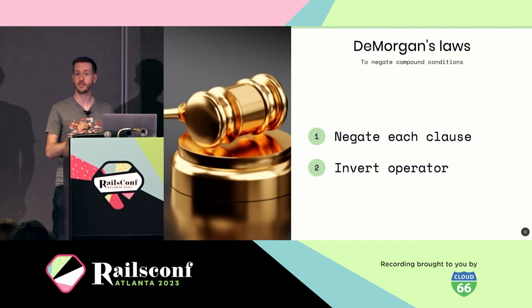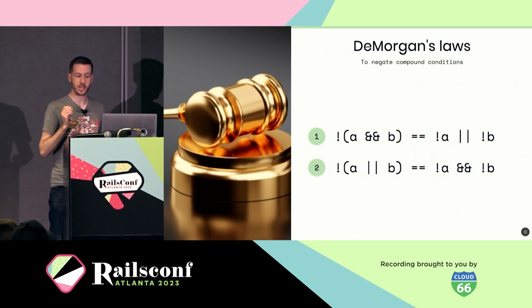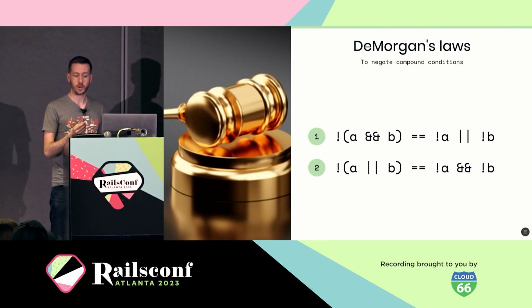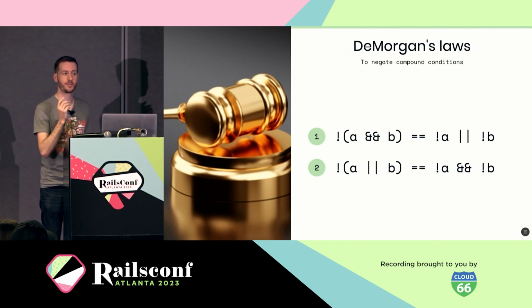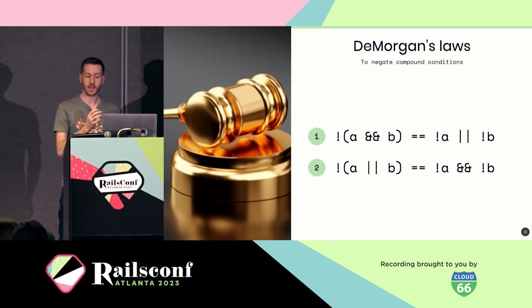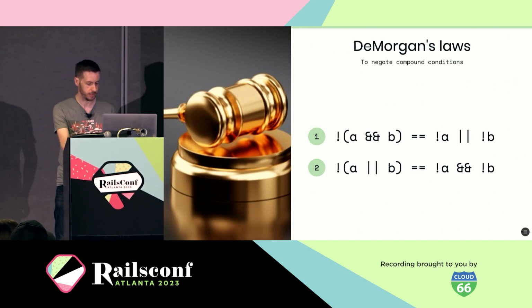You also have to invert the operator that's in the middle. So if you're saying not A and B, then you would convert that into not A or not B. Notice that we have converted that and into an or. Similarly, if we have not A or B, that becomes not A and not B.